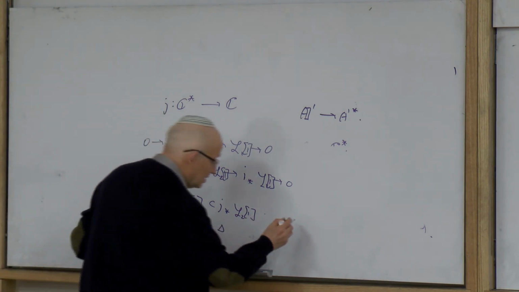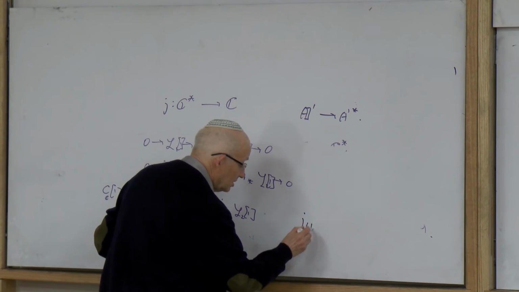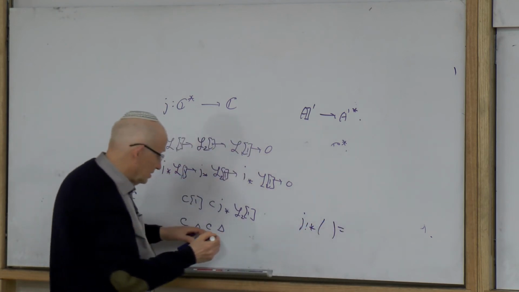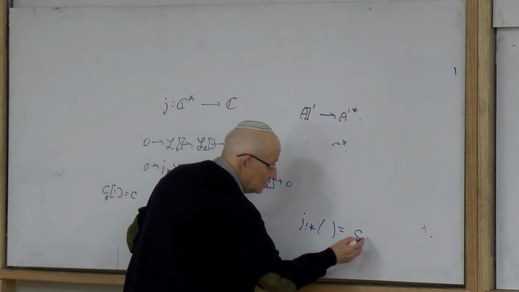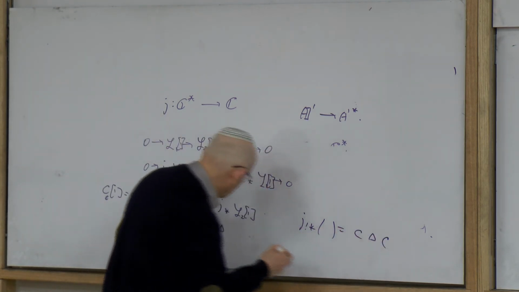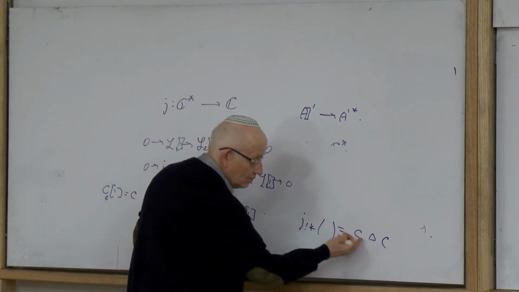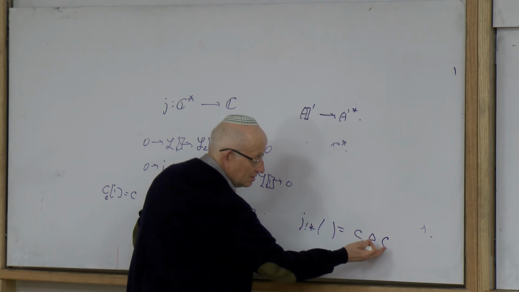Then it claims that J X star will have the following Jordan-Hölder structure: just C, delta, C. It means that it has a filtration so that the quotients are C, delta, C.